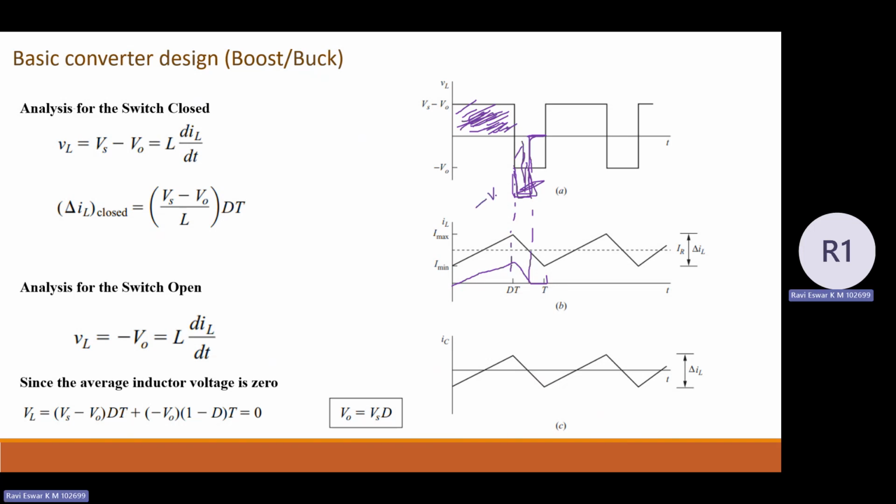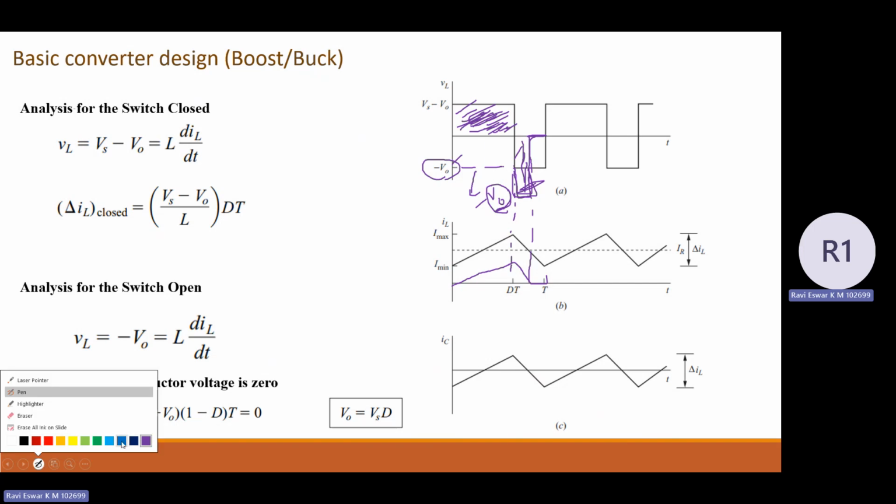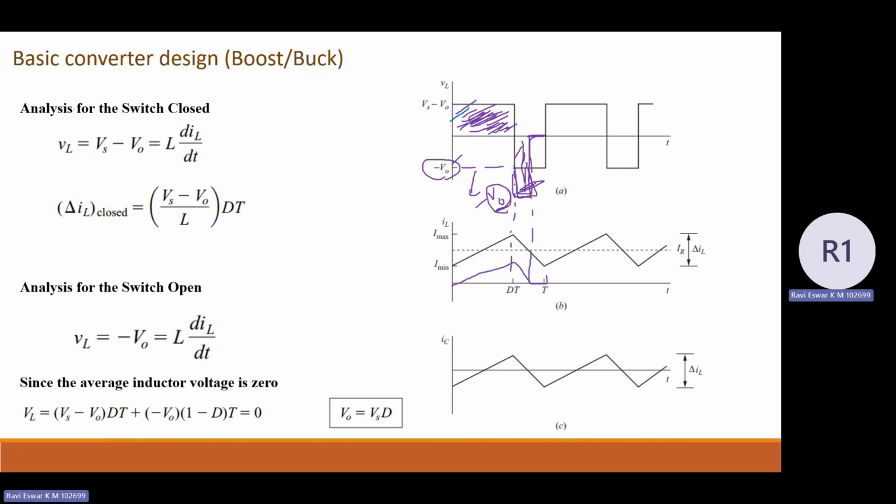There you can see that the output voltage is increasing with respect to continuous conduction mode. With respect to continuous conduction mode, the output voltage is here, whereas with discontinuous conduction mode it is higher, because to satisfy the condition, the average voltage across the inductor is 0 in a complete time period. In the previous case, in continuous conduction mode, we said this area is equal to this area.